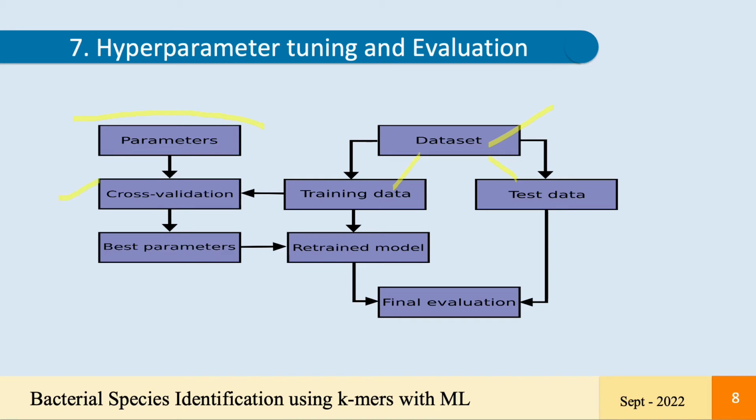Then I chose the cross validation method, which was stratified cross validation. And after performing the hyperparameter tuning using grid search CV, I found the best parameters for each of the classification models. Then using those best parameters, I have trained on the whole training data, and I have predicted the bacterial species on the testing dataset.